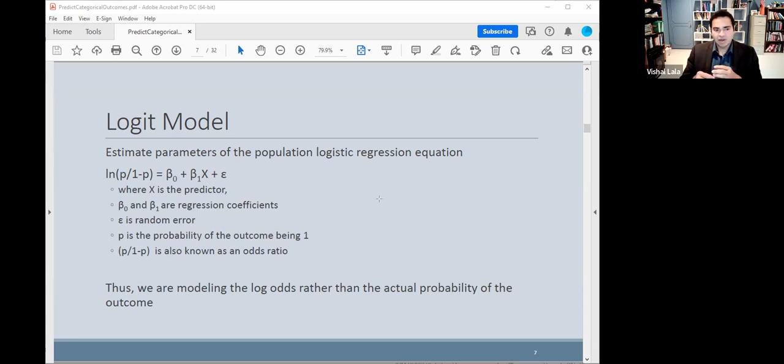This is the event that typically the advertiser, marketer, or researcher is hoping for occurring. 1 minus p is the probability the event doesn't occur. Then p divided by 1 minus p becomes an odds ratio: the probability an event occurs divided by the probability it doesn't occur. This odds ratio is then converted to a natural log. So the natural log of p divided by 1 minus p is the left side.